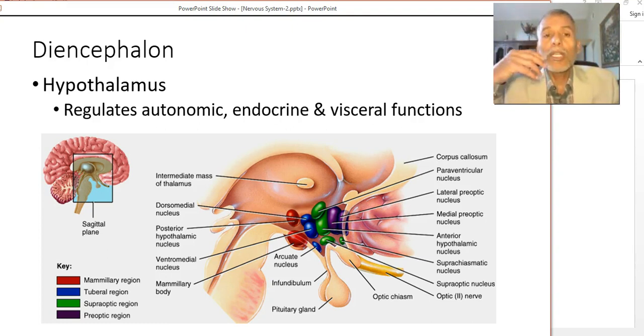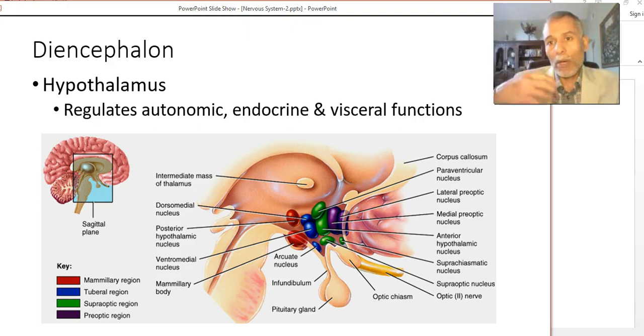Blood pressure regulation, for example, how much water you have in your blood, your thirst. When should you be thirsty? When the blood becomes more acidic, then the hypothalamus is going to trigger control.